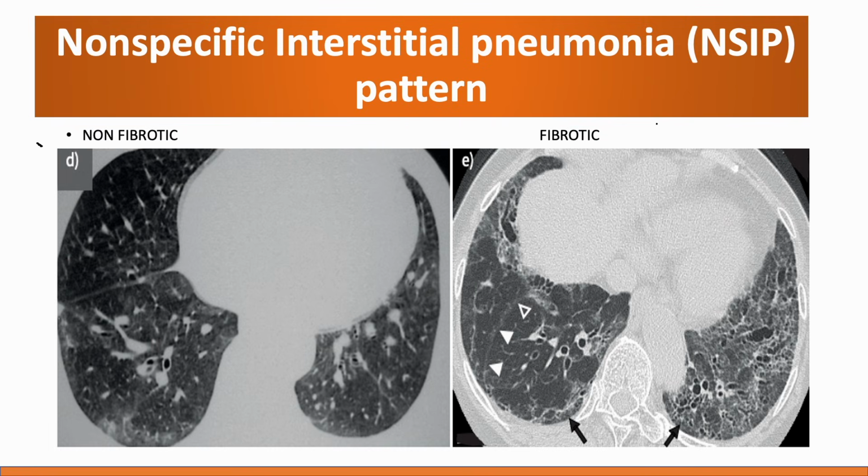If we compare it with the fibrotic NSIP, we see again a lower lung predominance. We see reticular abnormalities all across the lung, and we do see traction bronchiectasis. So here we are seeing traction bronchiectasis, and the subpleural sparing, however, is present.